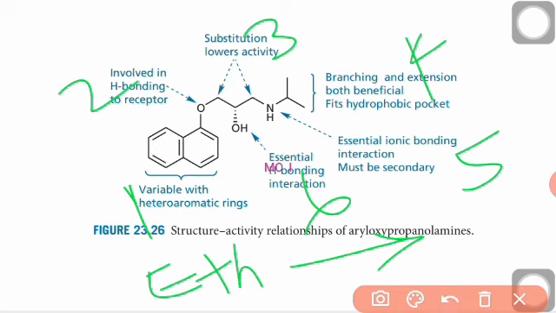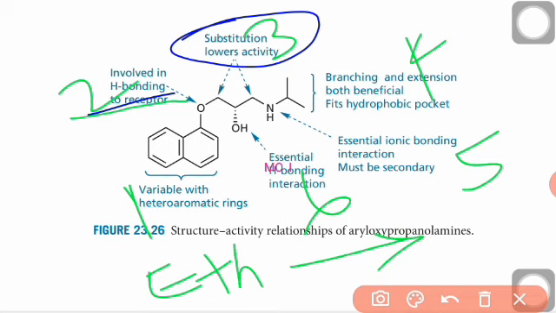Now, the second part, that is O, is important for hydrogen bonding, and substitution at this position is not allowed.